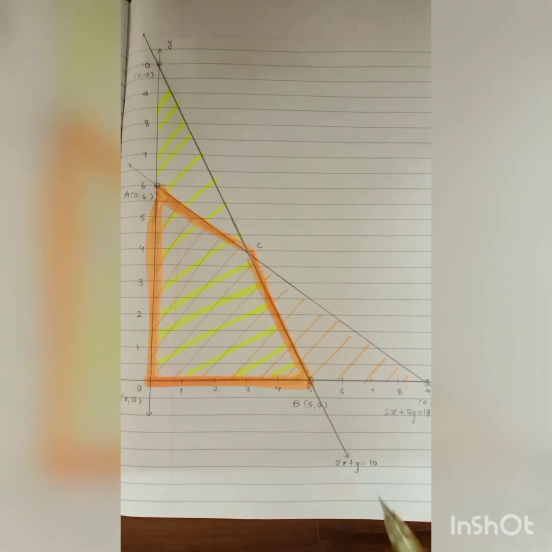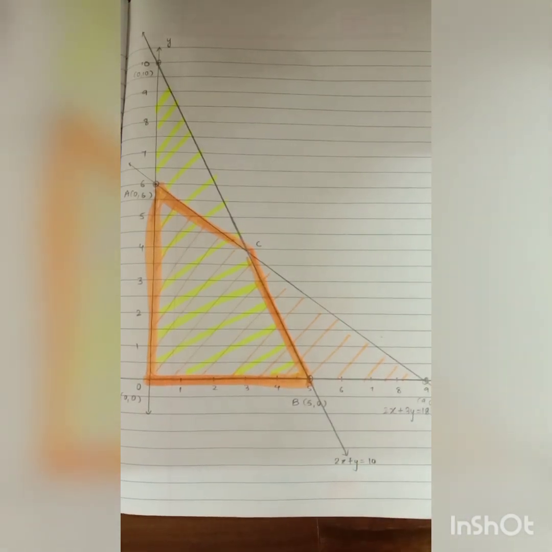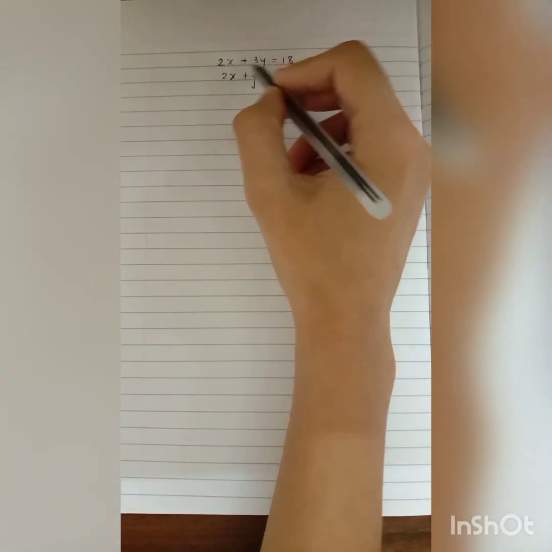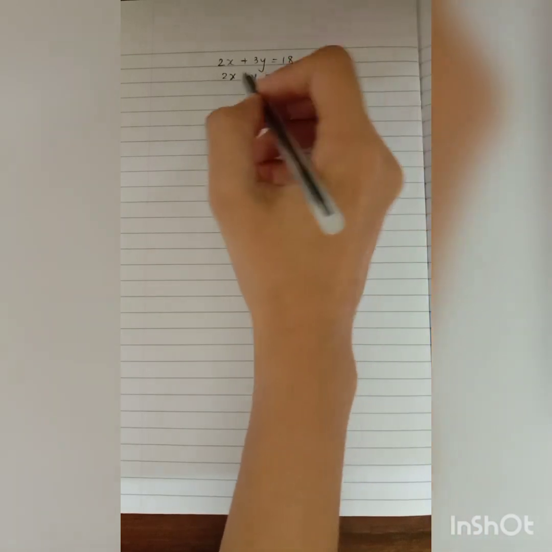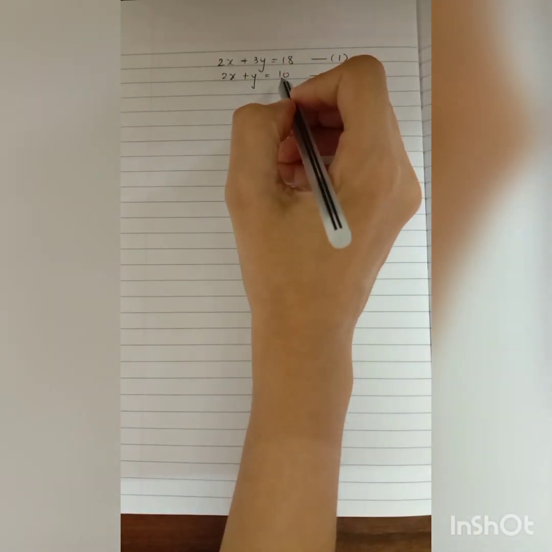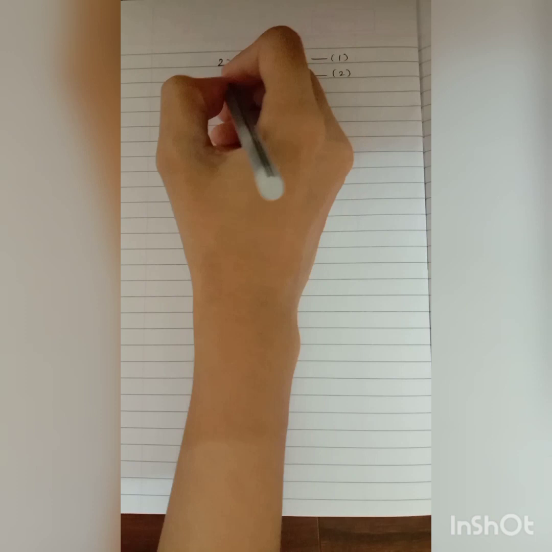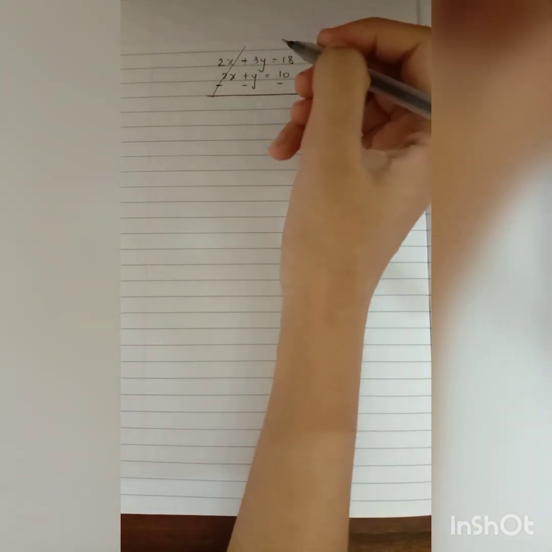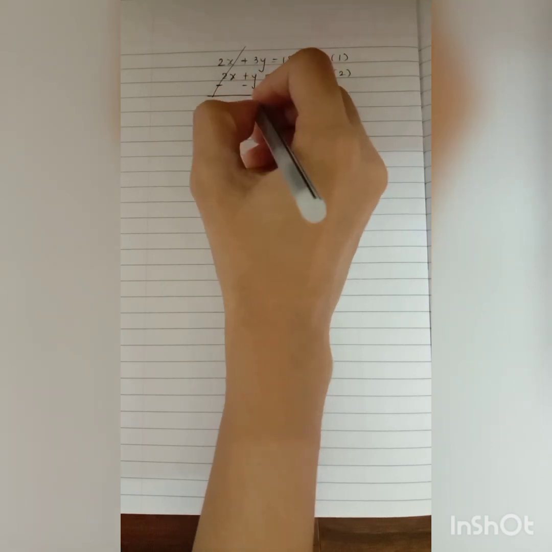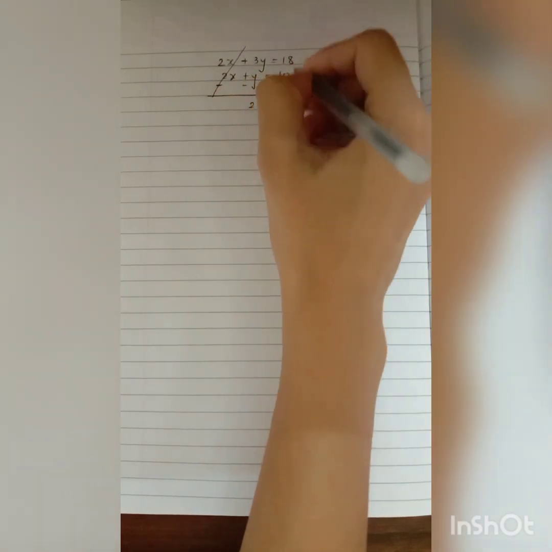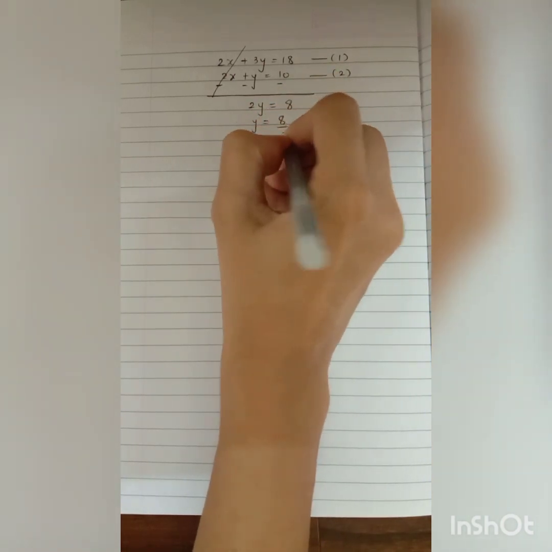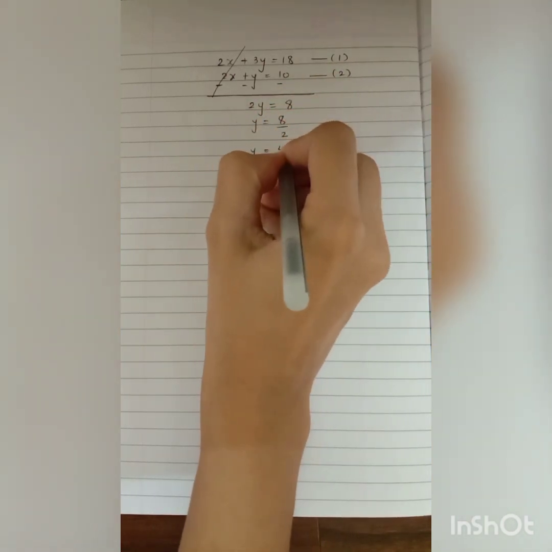Now for finding the value of C, we have to solve the two equations simultaneously. Our first equation is 2x plus 3y equal to 18 and our second equation is 2x plus y equal to 10. Now subtract equation 2 from 1. 2x will get cancelled. 3y minus y is equal to 2y, 18 minus 10 is equal to 8. Therefore y equal to 8 divided by 2, therefore y equal to 4.